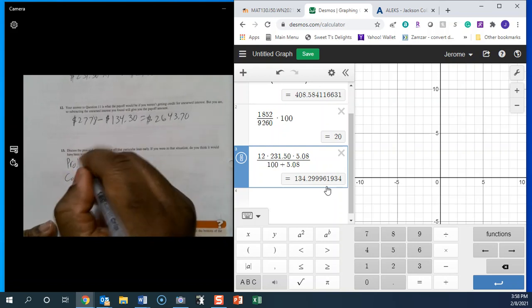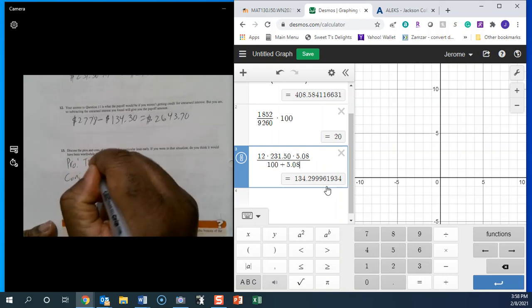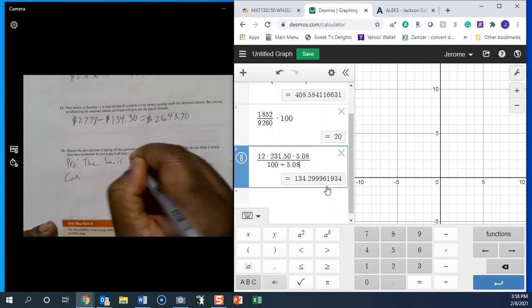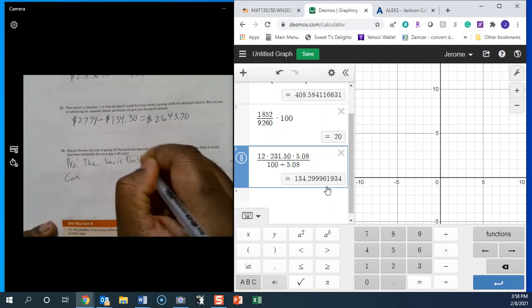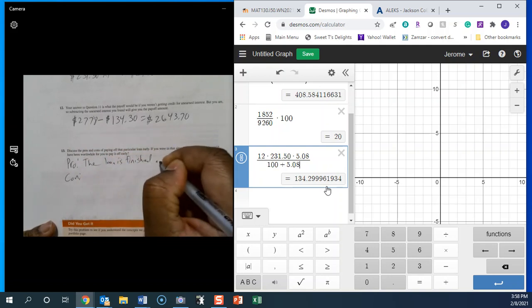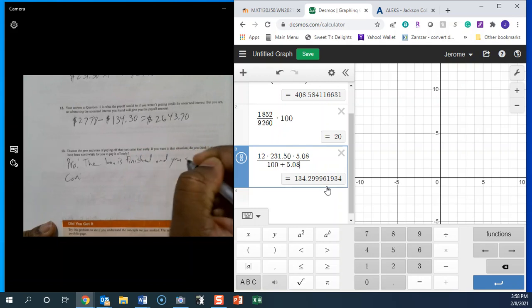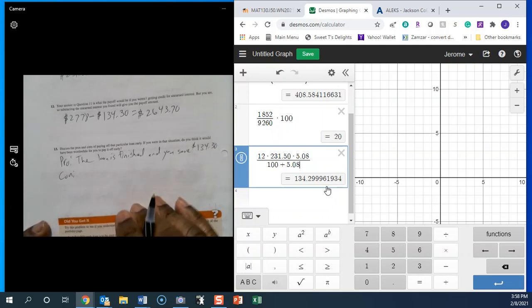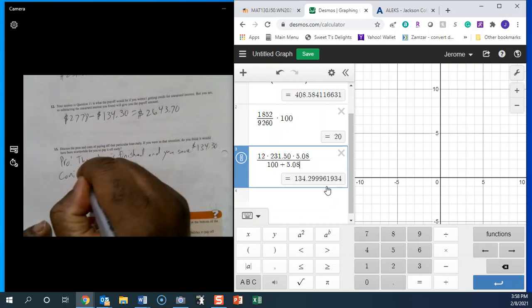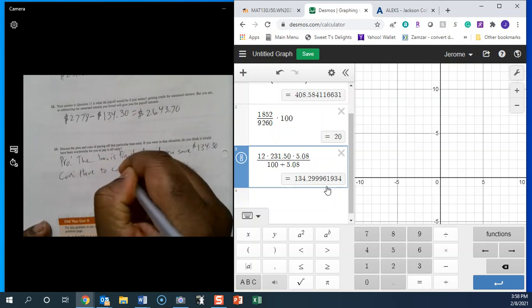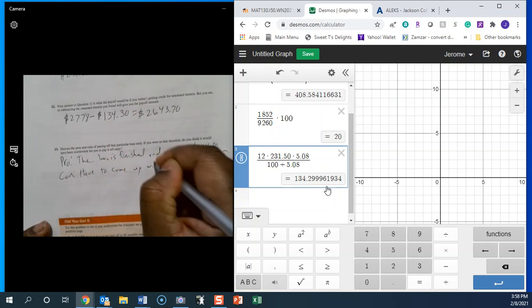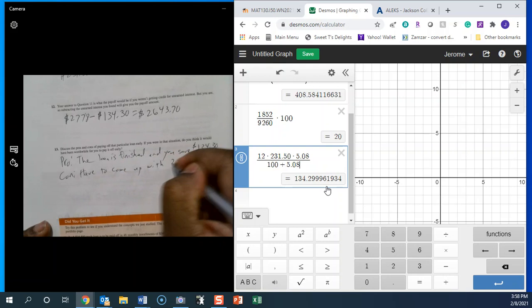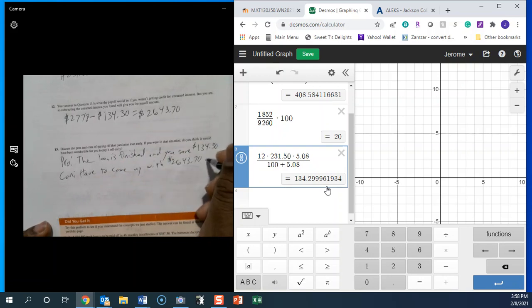The pro is the loan is finished and you save $134.30. The con is you have to come up with $2,643.70 all at once.